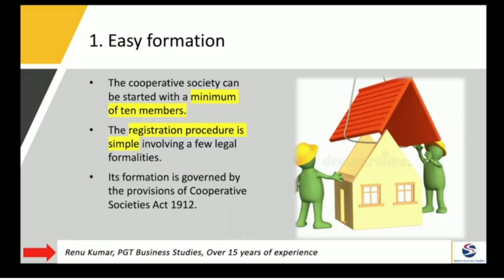In a cooperative society, registration is compulsory, but that is a very simple process. There is no elaborate procedure. It is very simple, involving a few legal formalities only. Its formation is governed by the provisions of the Cooperative Societies Act 1912.